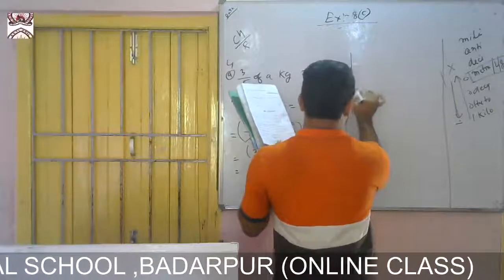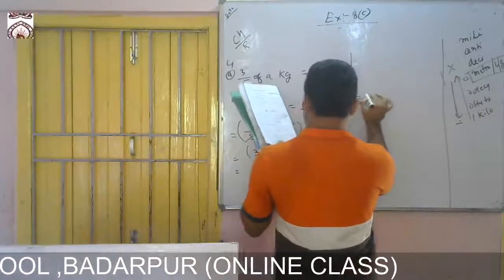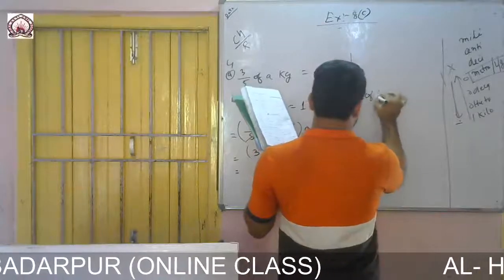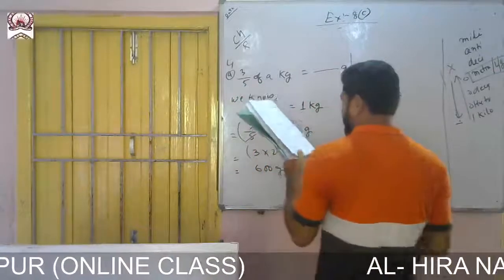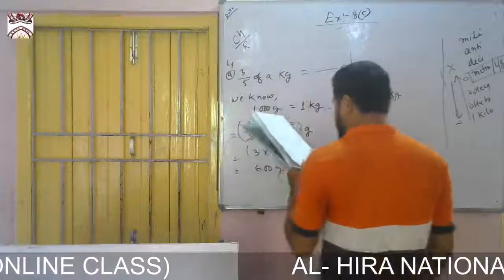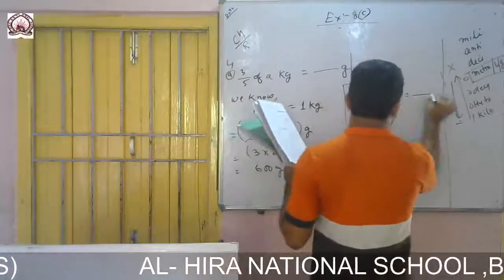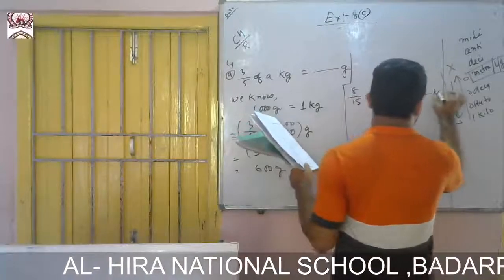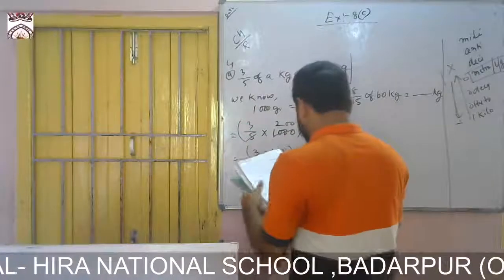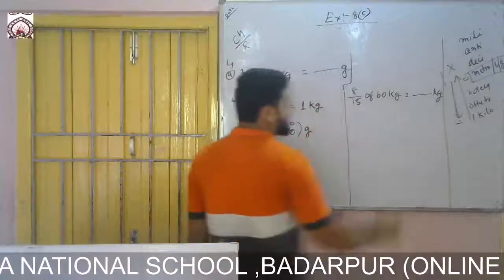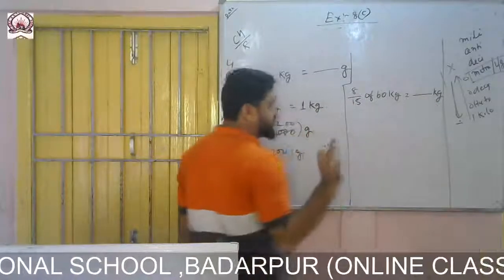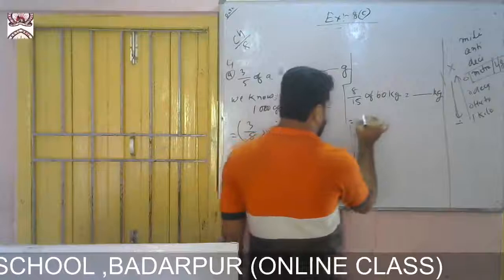C, 8 by 15 of 60 kg equals to how much kg? So that means I need to convert into what? Kg to kg. So no need of conversion, units are same. So I'll just multiply here.